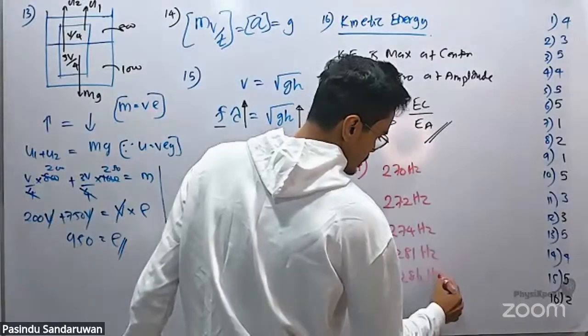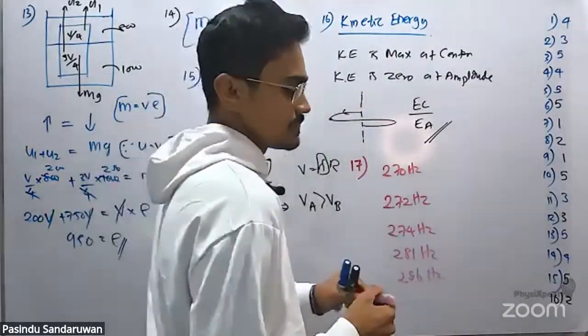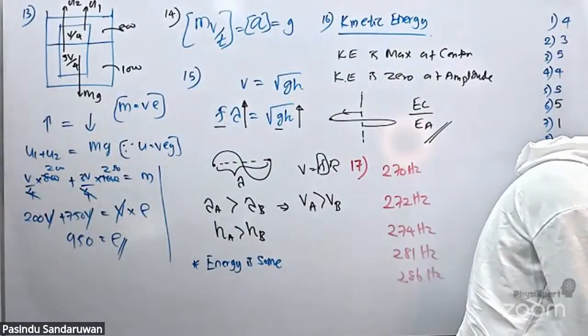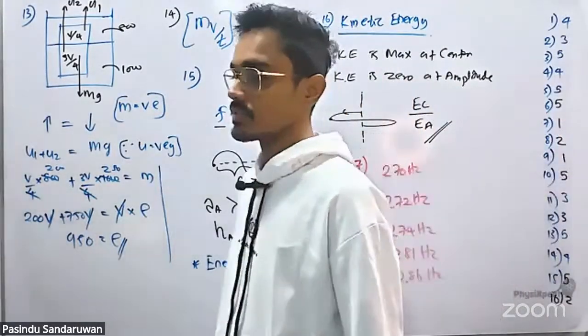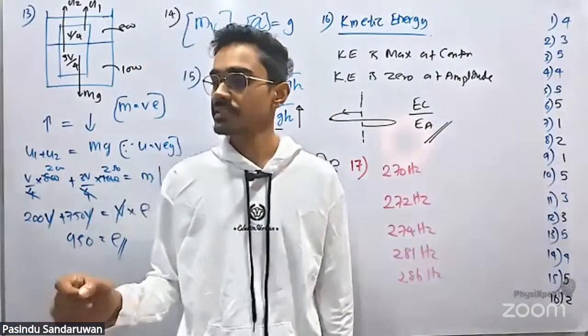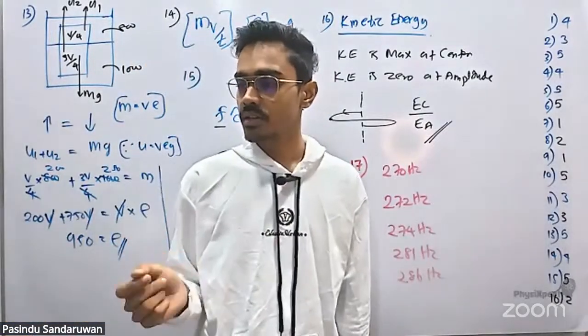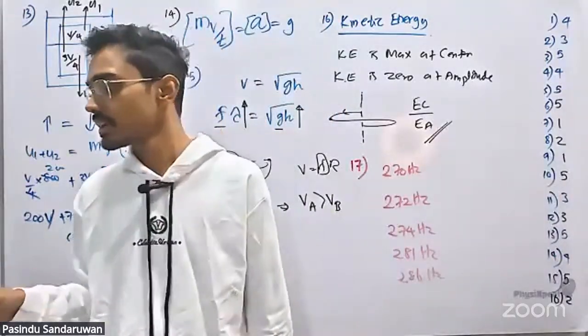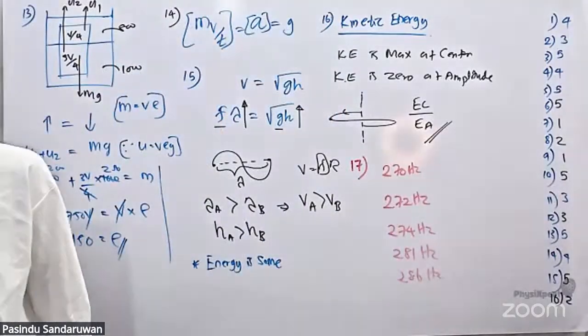Now, the question is: the number of ways of selecting these tuning forks to hear beats when vibrating is.